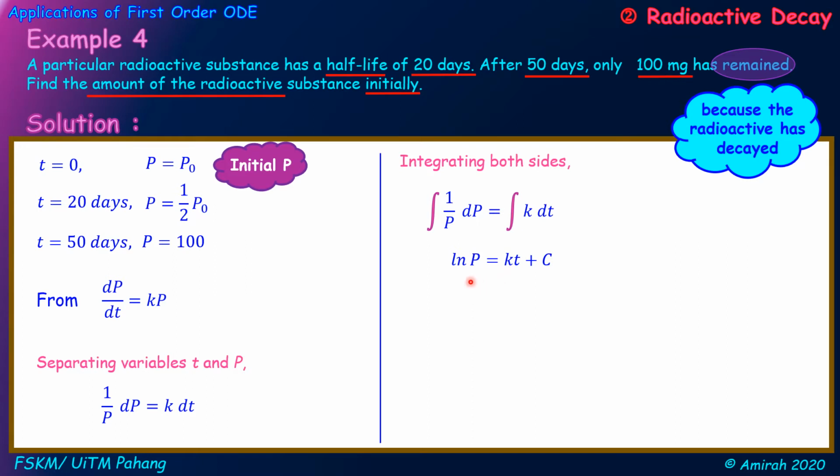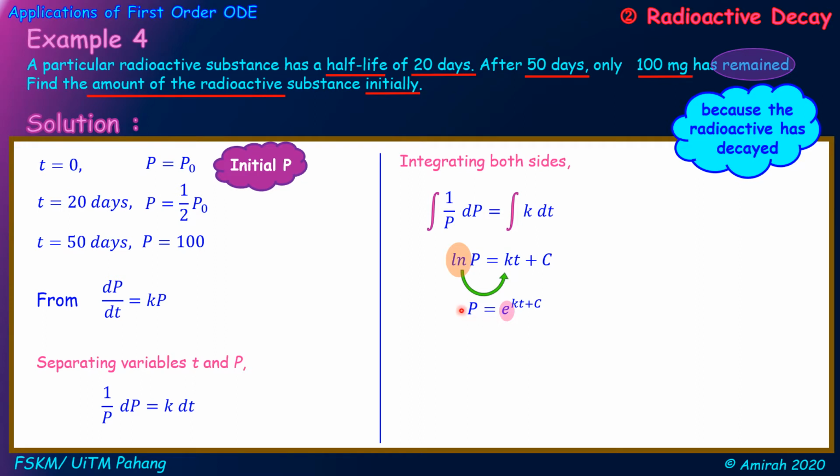Right? And then we need to write P as a subject. To write P as a subject, we need to move ln to right hand side. When we move ln to right hand side, it becomes e.